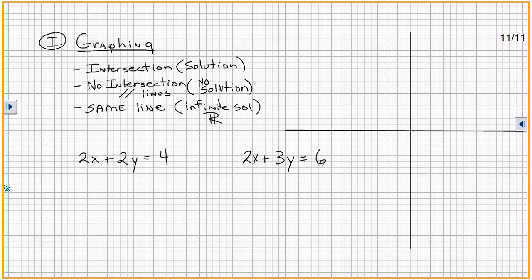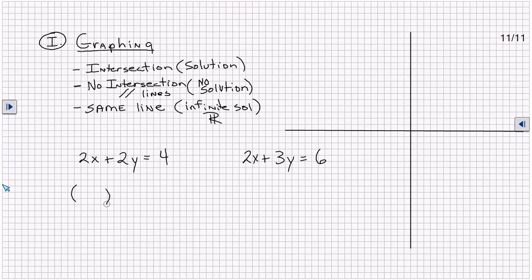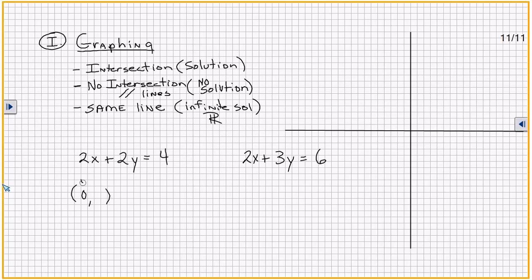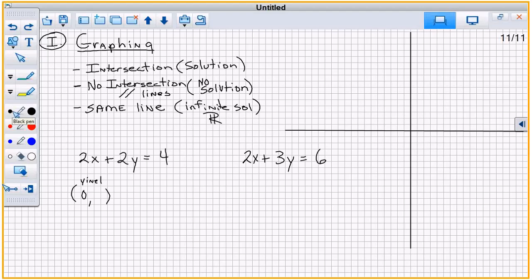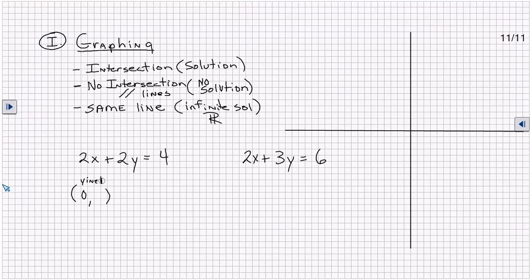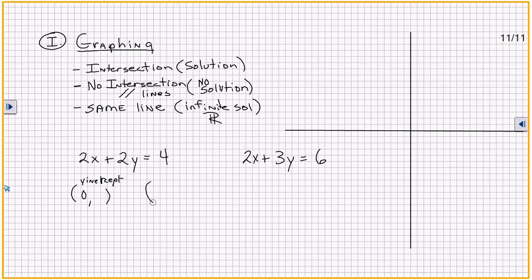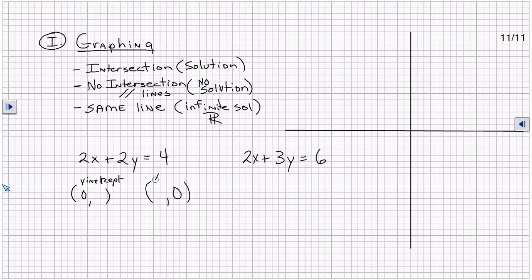Now the first thing I'm going to do is solve for y. You could use the intercept method. In fact, we'll use the intercept method, and I'm going to plug in 0 for x for my y-intercept, and 0 for y for my x-intercept.